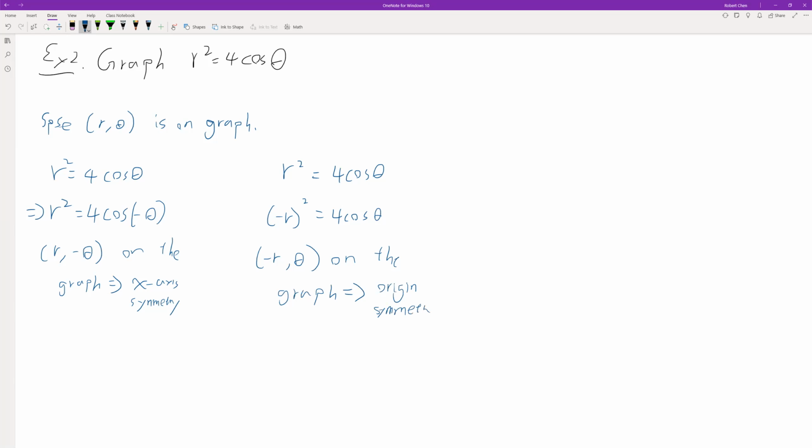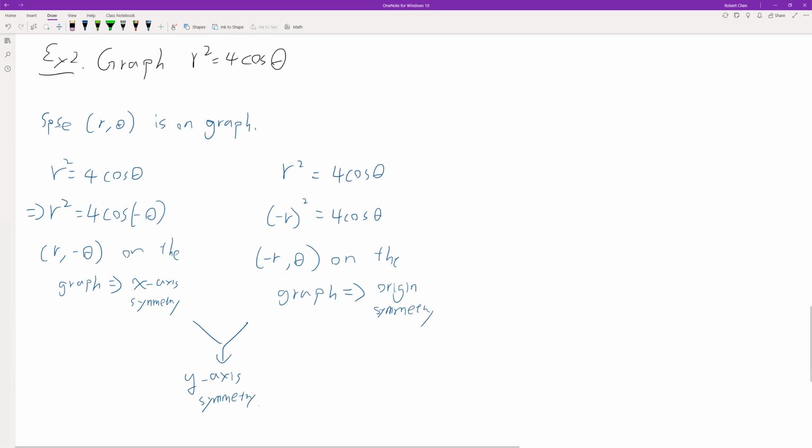And we know that if we have two of them at the same time, then that implies we also have symmetry about the y-axis. So this is a very nice case, right?